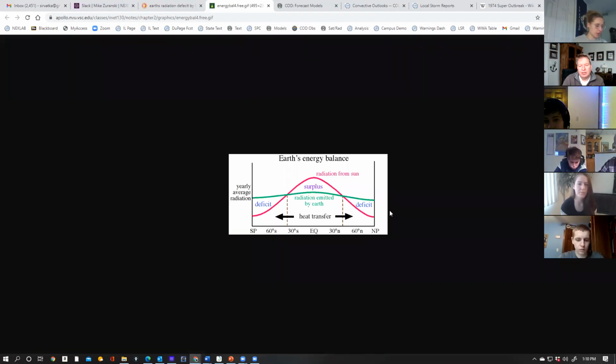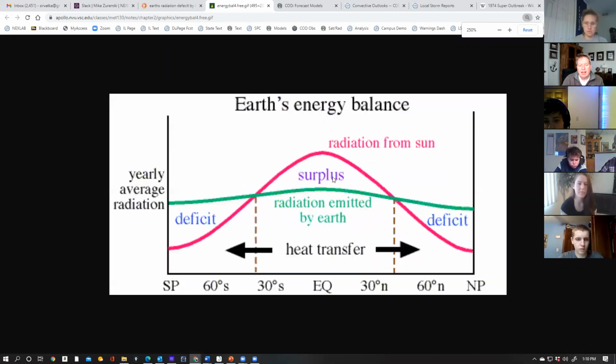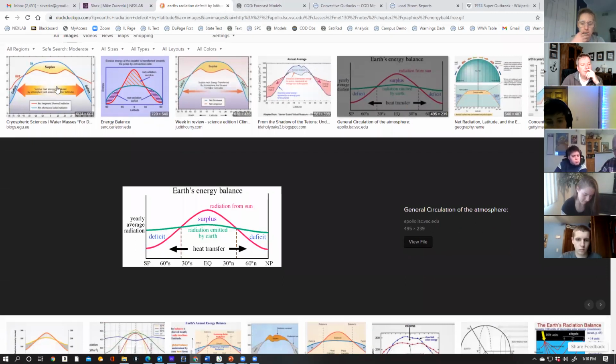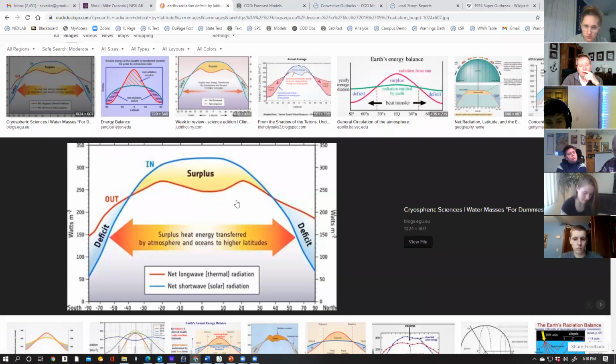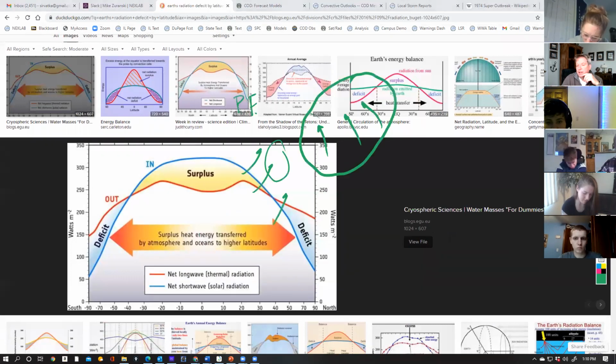Okay, general circulation of the atmosphere. So what are we saying? What latitude is this? Did anybody find the actual latitude? I think it's at 43 degrees. So if I use this, I guess I could do something like this.